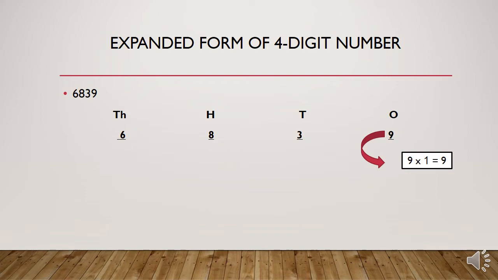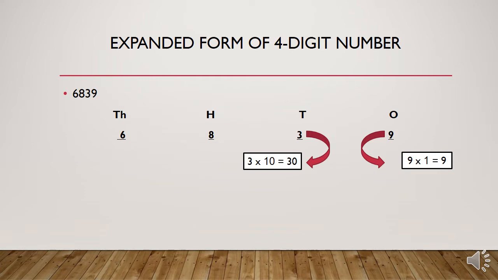As the ones column has value 1, the number placed in the ones column, 9, is multiplied by 1, which gives us 9. The tens column has place value 10, and the number placed here, 3, gets its place value when 3 is multiplied by 10.